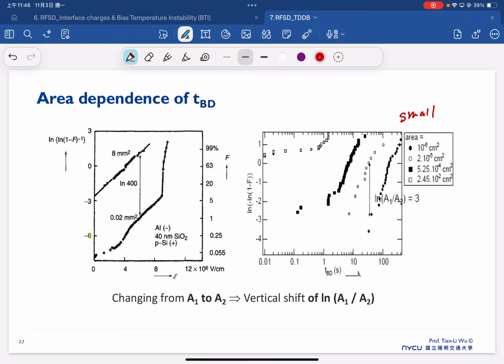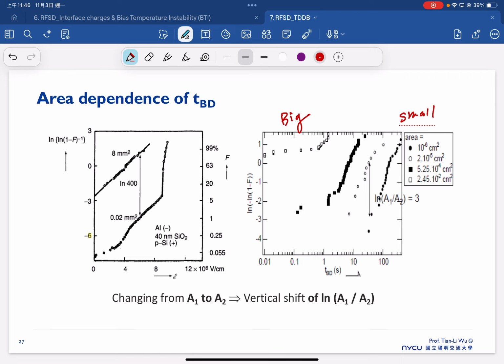But with a big area here, we have the TBD between 0.01 and 1 second. That's normal. If we scale up to the big area, we always start to suffer from extrinsic reliability issues. But what we can do is shift the different areas to become one line together.